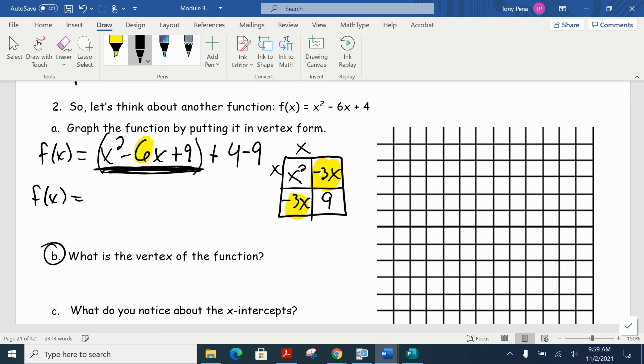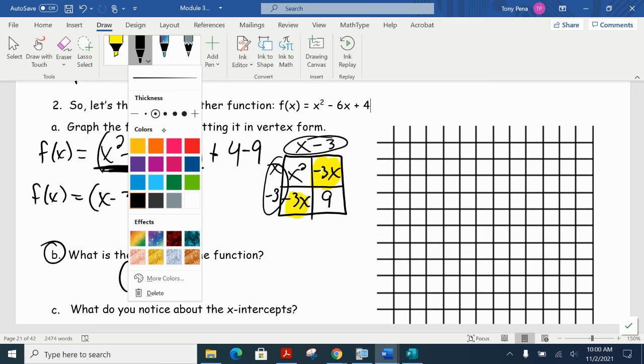This is right now x squared minus 6x plus 9, but this would have been an x minus a 3 on the top and an x minus a 3 down the side. So it's just 2 x minus 3's. So we write that as x minus 3 squared. 4 minus 9 is a negative 5. So crossing my fingers, hopefully we all got 3, negative 5 as our vertex. If not, there you go. Okay, that's how that should have played out.